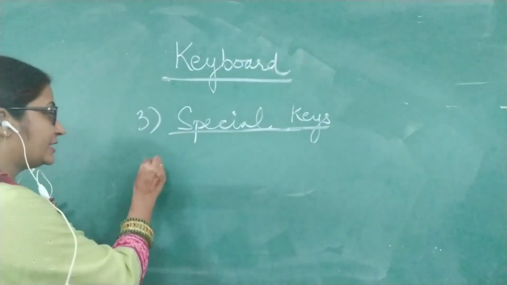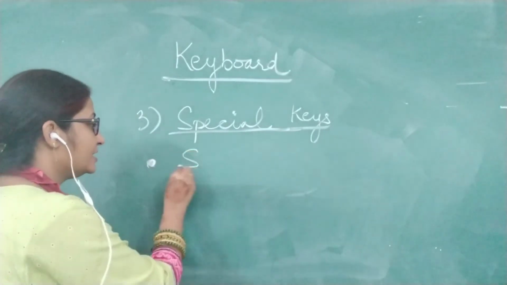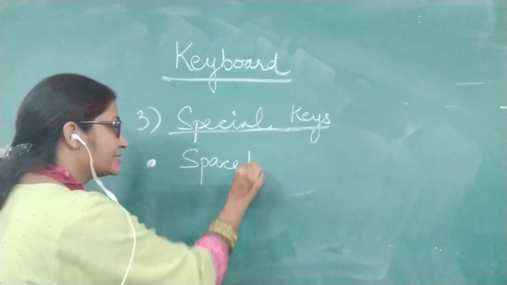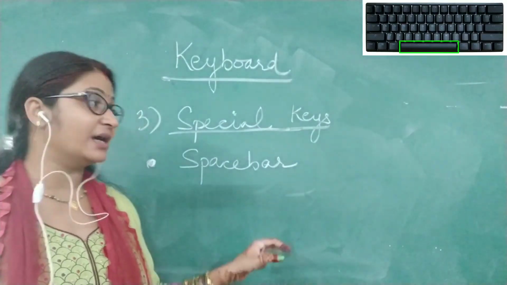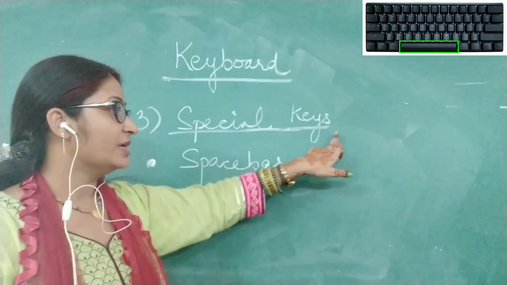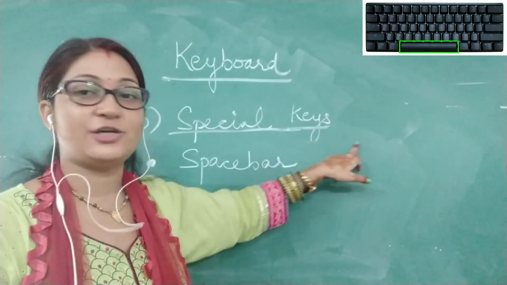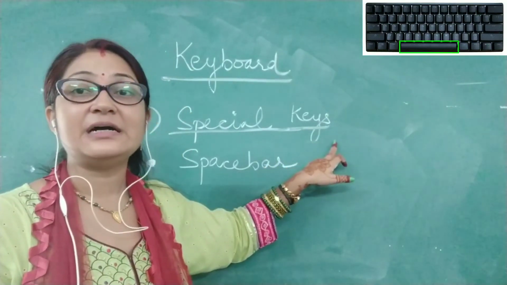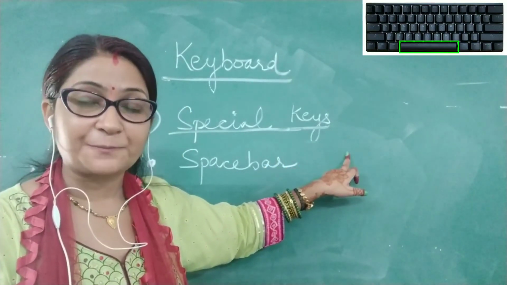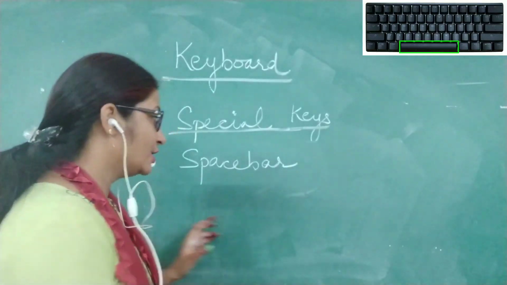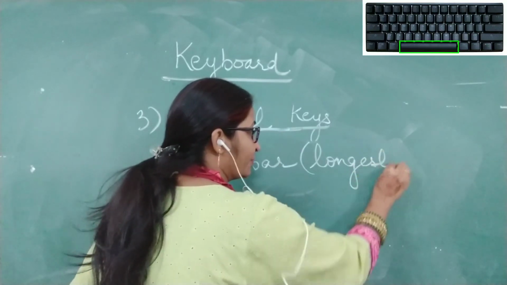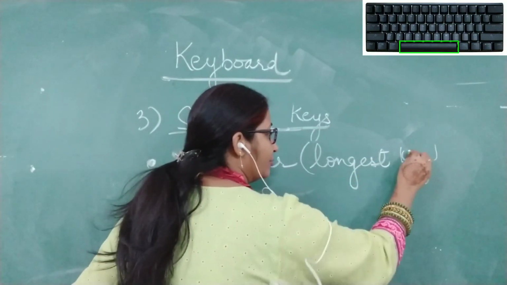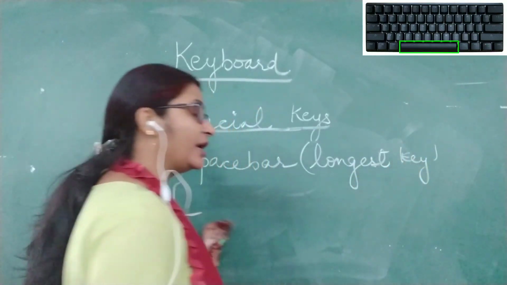Now in special keys, the first key that comes is called the space bar. Here you can see on the keyboard, this is the longest key on the keyboard. This is the space bar. You can remember this: the longest key on the keyboard is your space bar.